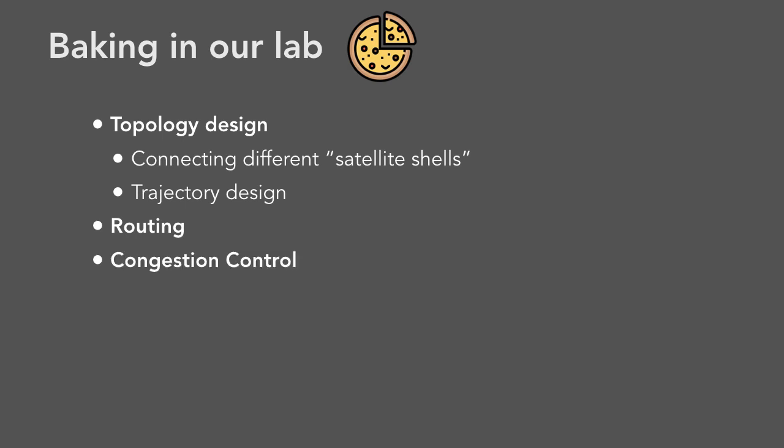Also, congestion control poses new challenges stemming from 2 reasons. Number 1, end-to-end path latencies change over time naturally, independent of congestion. And number 2, satellite path changes could result in significant reordering of packets. To help bootstrap research in this area, we are also developing packet level and flow level simulators that capture the necessary system dynamics.